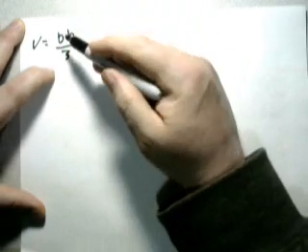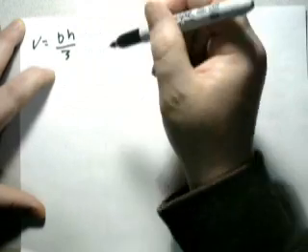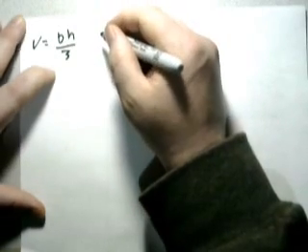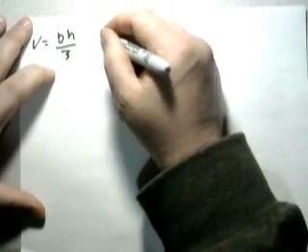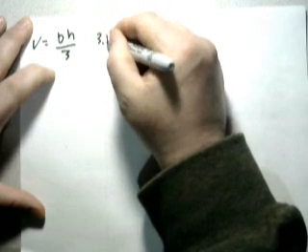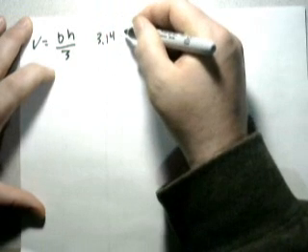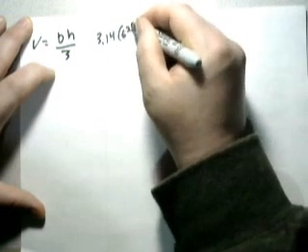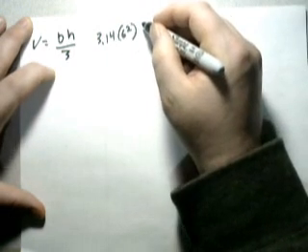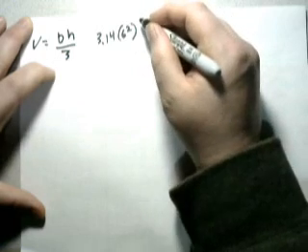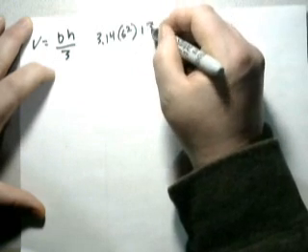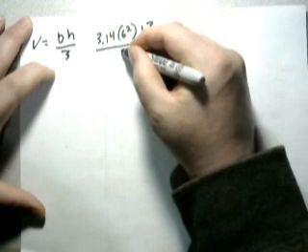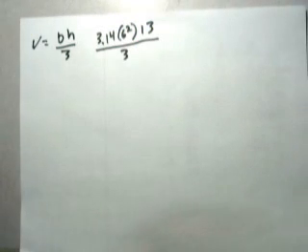So the base is the area of the circle. So that is pi r squared. So 3.14 times the radius squared, which is 6 squared, times the height, which is 13 inches, divided by 3.